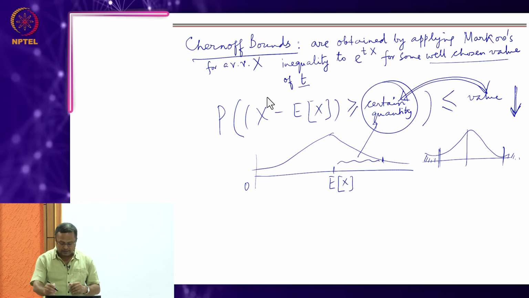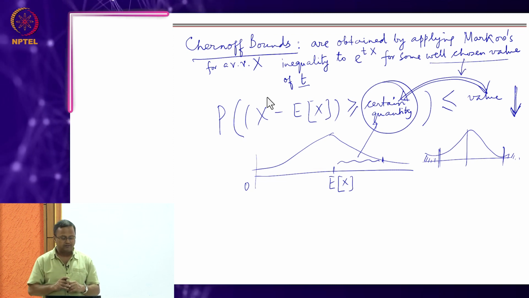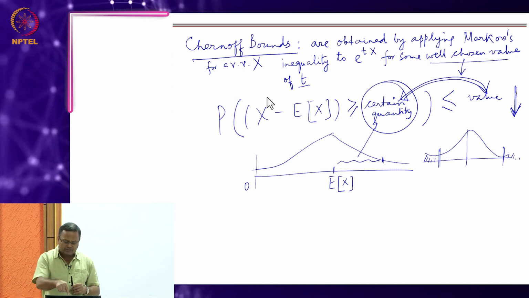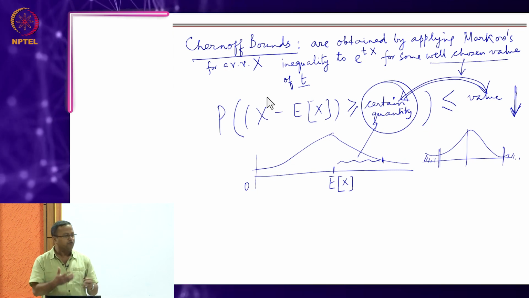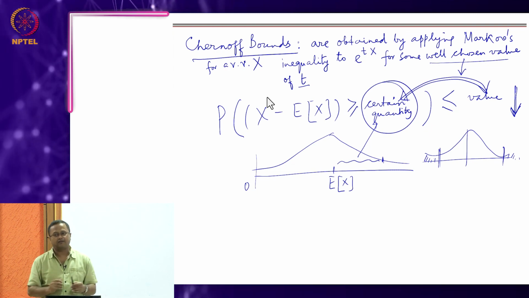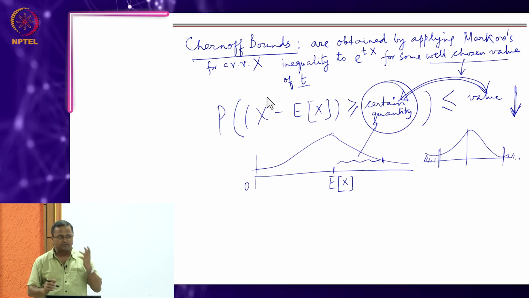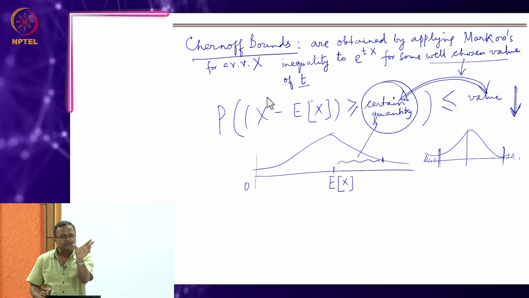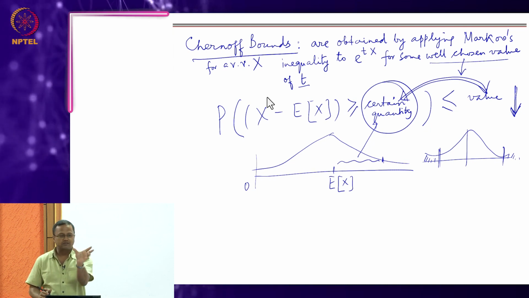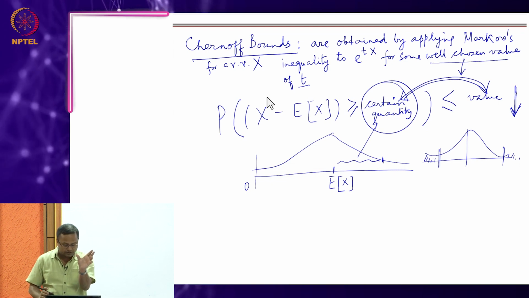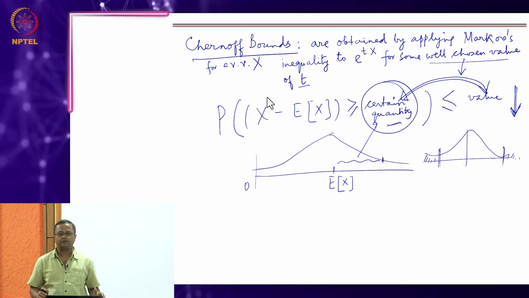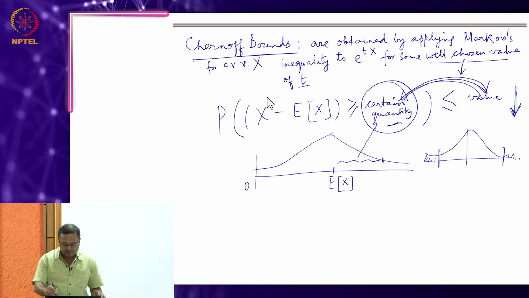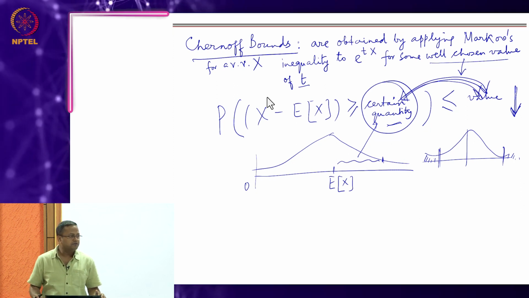Fine. And this well chosen value of t determines this value of the probability, which is again dependent on the quantity by which you want to make the statement. Think of this in terms of the normal. You said that most of the probability mass is centered within mu plus minus 3 sigma. So, you chose this quantity, and the moment you chose that quantity, the value of the probability is fixed.